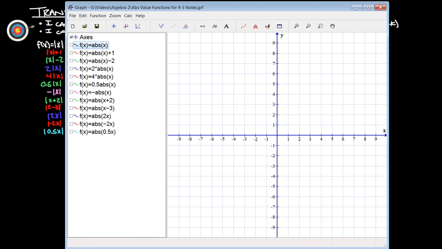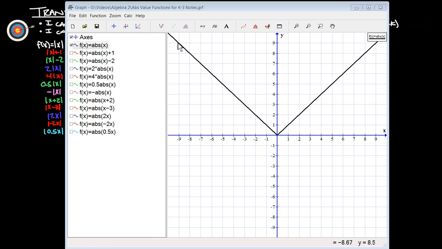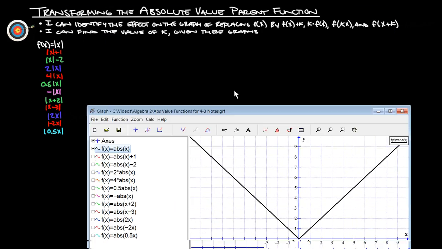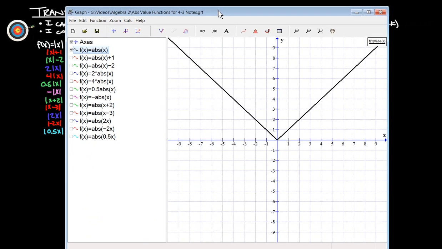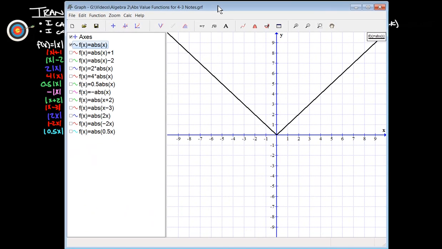So y equals absolute value of x, or f of x equals absolute value of x, same thing. This is the graph of the absolute value of x, just like what we had back on the previous slide. Now, I'm just going to show you what happens when we start adding things into this.